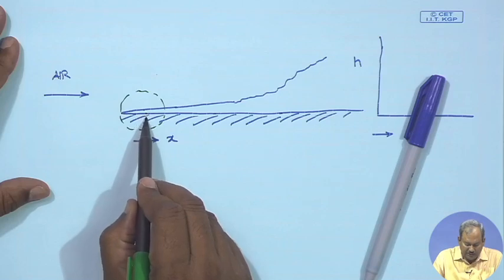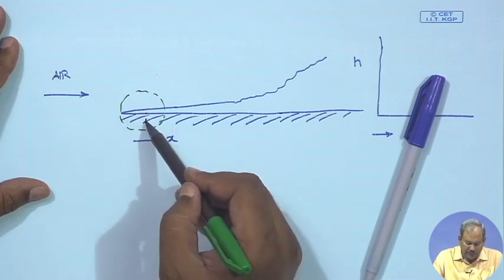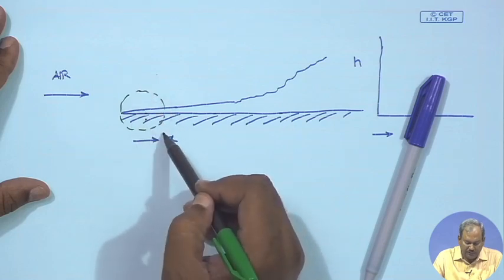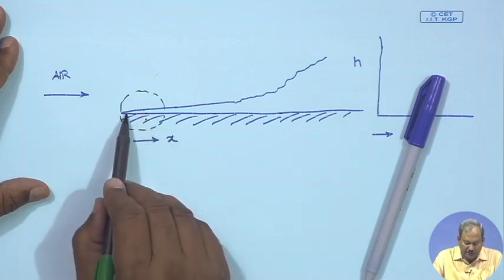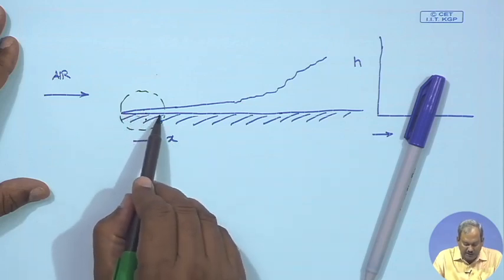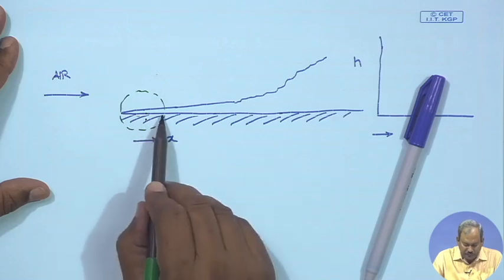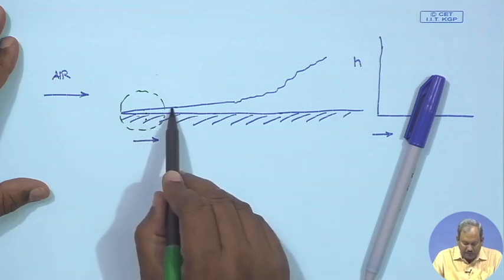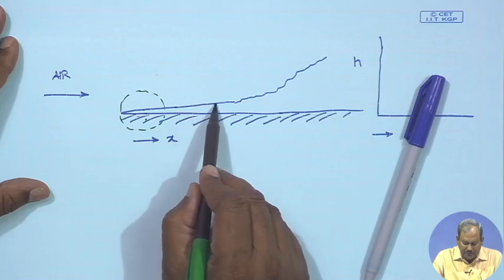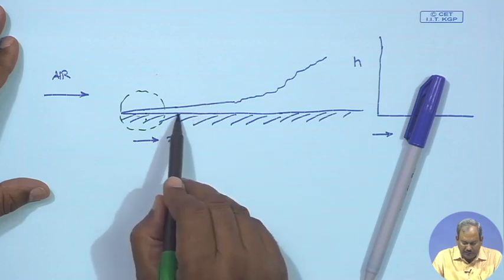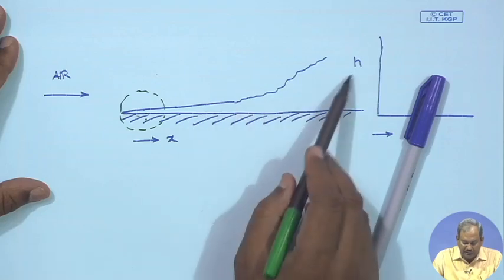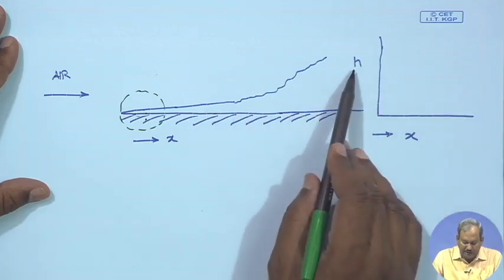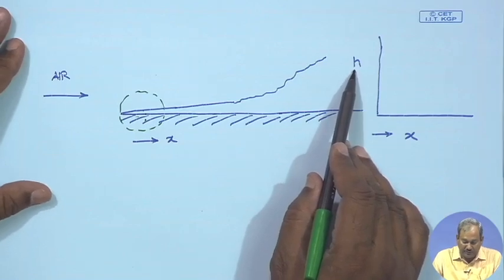Then the resistance to heat transfer from the solid to the air, if we assume the solid to be at a higher temperature, is going to be low. So, you can start with a high value of H at the beginning. As we move along, the thickness of the boundary layer will keep on growing, and therefore the resistance to heat transfer would increase, and the heat transfer coefficient is nothing but the inverse of the resistance to heat transfer.